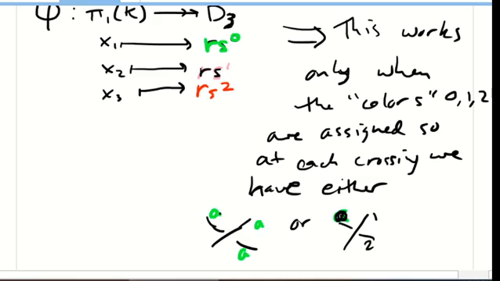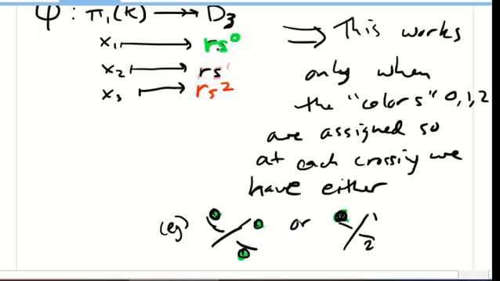So either we have all the same color, right, or all different. And we need at least one crossing that has all the different ones, or we don't get a surjection. Okay. Why is this onto?